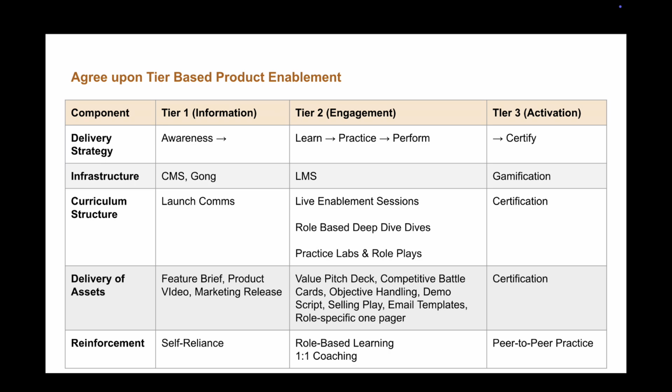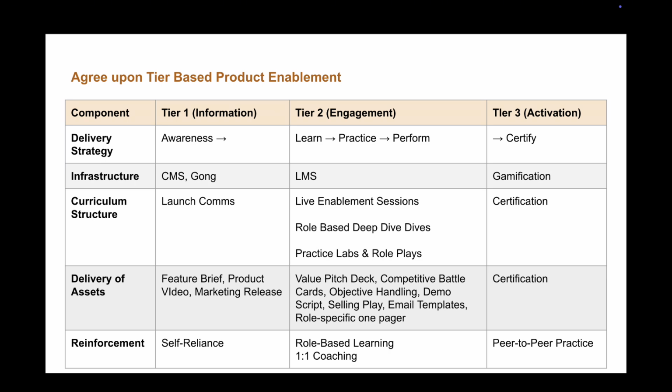Versus a tier 2, which is a more engaging piece that we need to make sure we're getting fully on board with them and the teams are getting educated on. Or maybe it's a super deep, big rollout and it's going to require a tier 3 level, which is super deep. It's going to require a lot more information, whether it's around certifications, gamification, peer-to-peer practice and stuff like that.